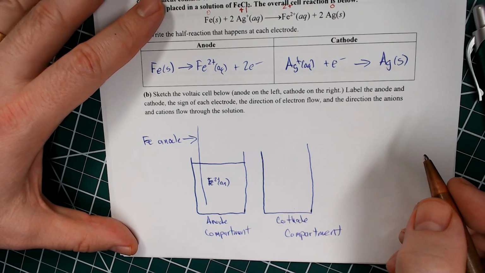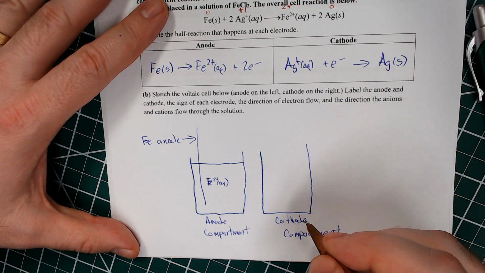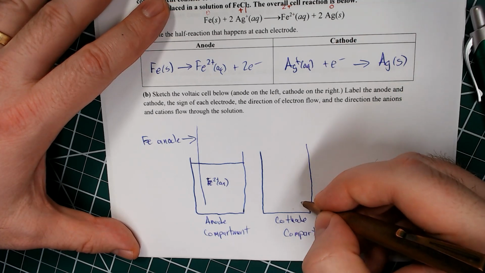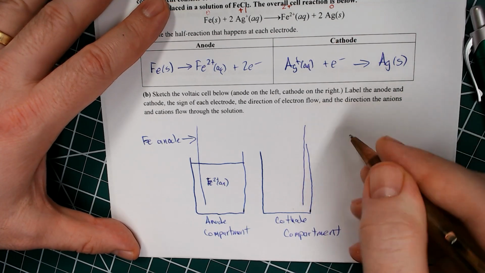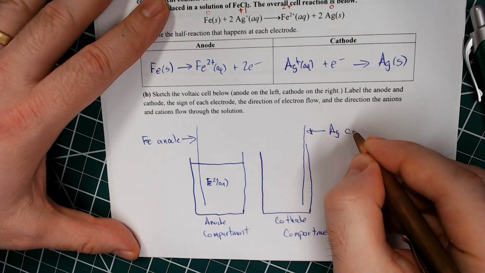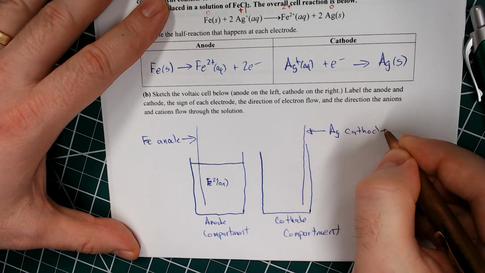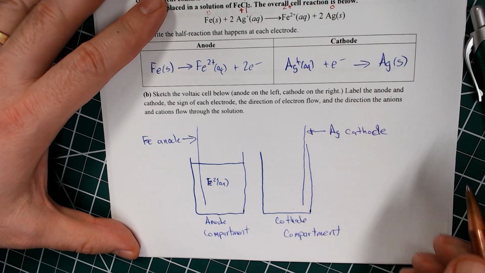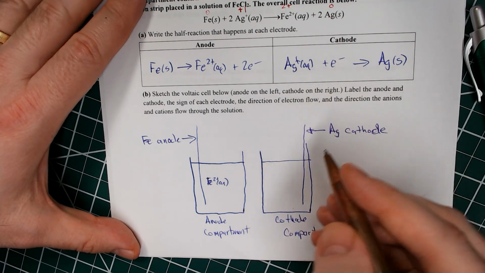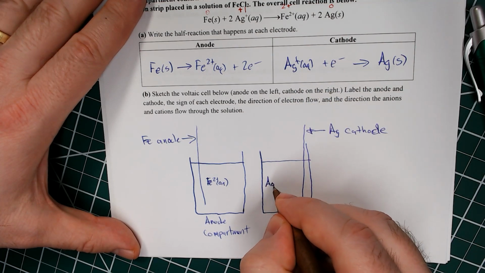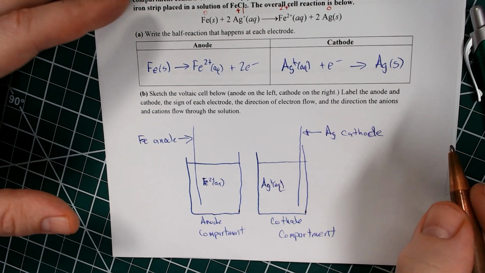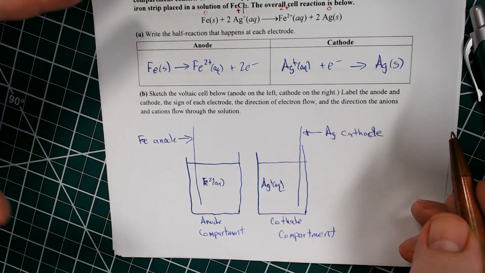All right, and over here at the cathode, silver. So there's silver metal in there, so we can have that as our cathode. So we will indicate that we have Ag cathode. All right, and we've got some stuff in solution, and the important part of that solution is that we've got silver ion, so Ag+ aq.